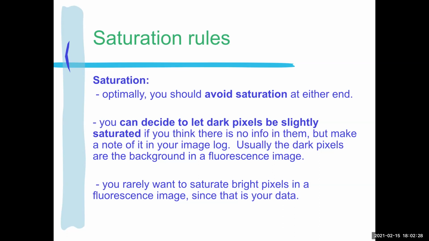So never saturate your images ever, except when you know for sure there's no info in the dark pixels, and you decide, okay, I'm going to just make it a perfect black background, because fluorescence images, we love having that black background. It's better to leave the background more like a dark gray and then deal with it later, just in case it turns out maybe there was something useful to know in that background. But there's some of your own judgment that comes into this.